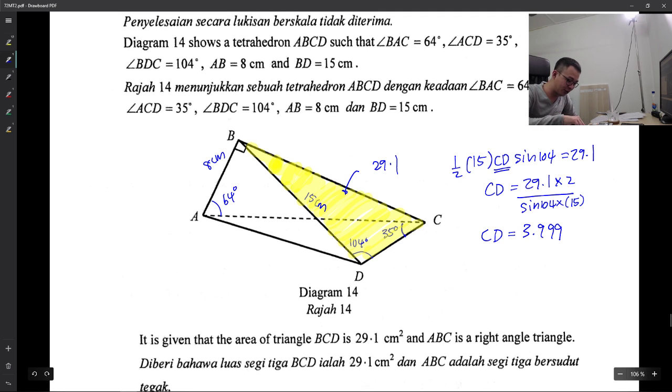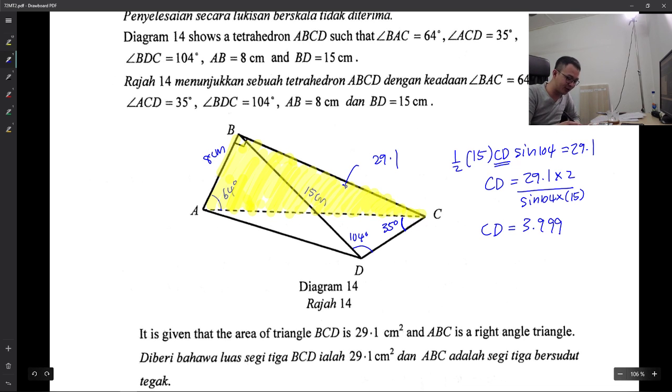Right now you should focus on another triangle. Do you see this triangle over here? It is a right angle triangle. I want to find AC before I can find AD.